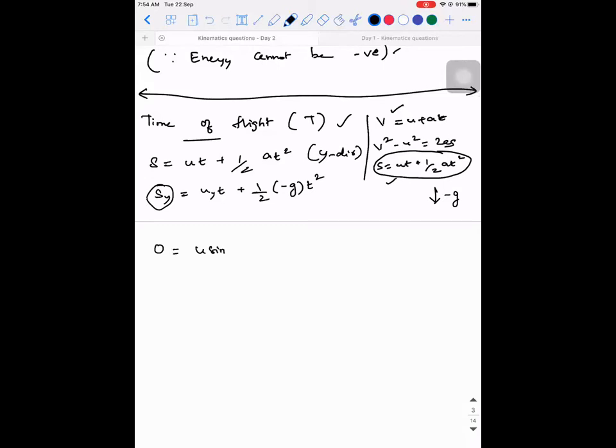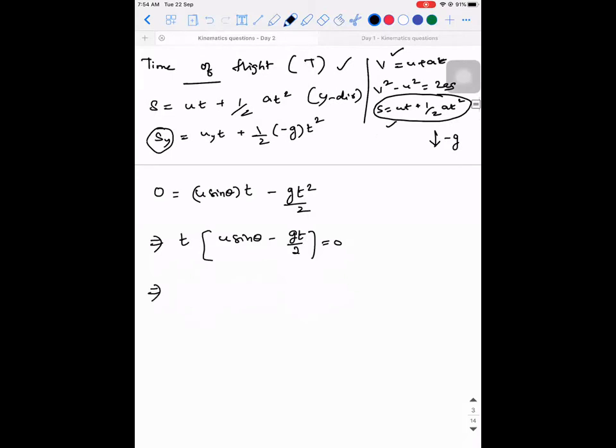It is u sine theta into t, minus gt square divided by 2. Which implies t into u sine theta minus gt divided by 2 is equal to 0. Is there any doubt till this step? Observe. You get two values of time: t is equal to 0 and t is equal to 2u sine theta by g.